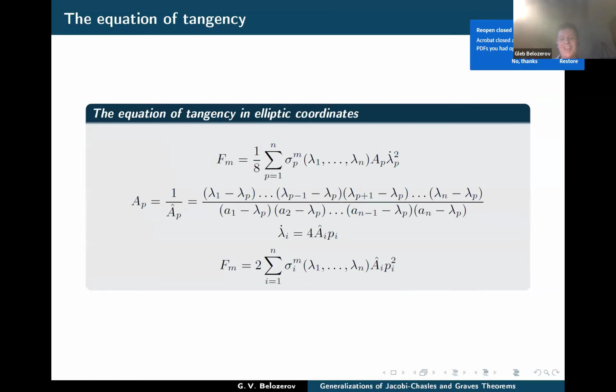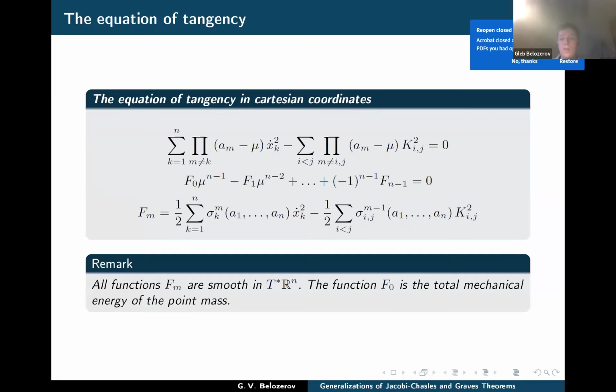Can you say what this property is in a few words? The property is the following: the functions fi and fj for all i and j commute with respect to n Poisson brackets, not only one. For n Poisson brackets, they commute.